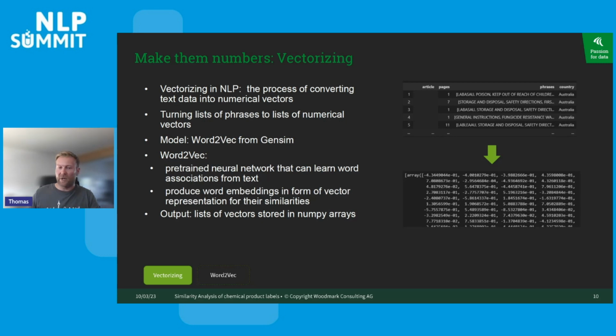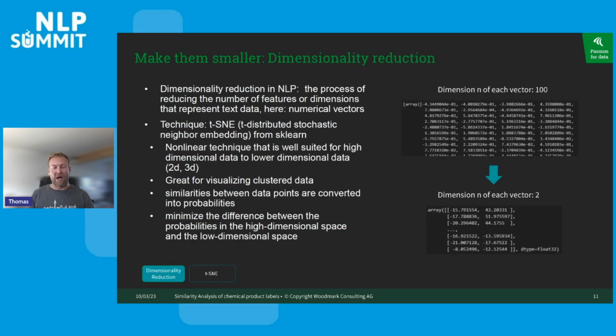As you can see, we have a very big dimension for each product label. So for visualization purposes and clustering, it would be better to reduce this.